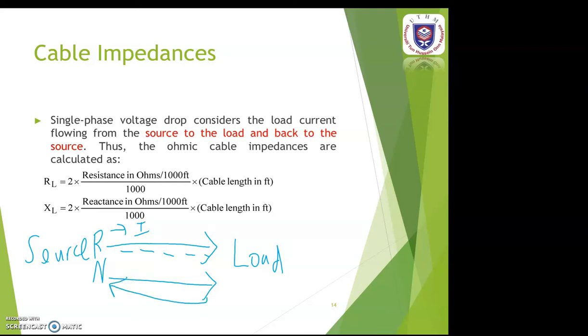So this is the load current flowing for the single phase voltage drop.